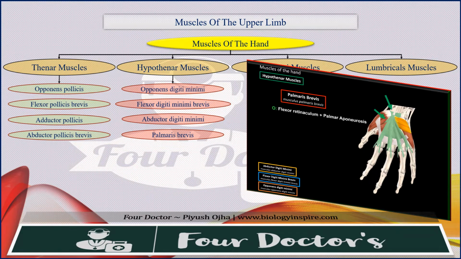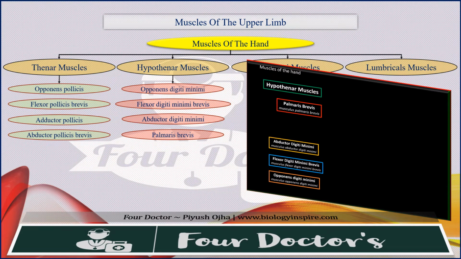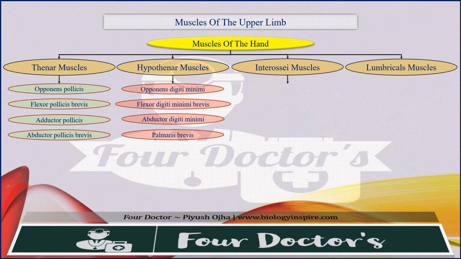We will talk briefly about this one when we talk about the fascia of the upper limb. So it originates from these structures, and it inserts at the skin of the palm on the ulnar side. So when this muscle contracts, it pulls the skin and produces wrinkles on the hypothenar side to mainly tense the palmar aponeurosis. So that was the muscles of the hypothenar region.